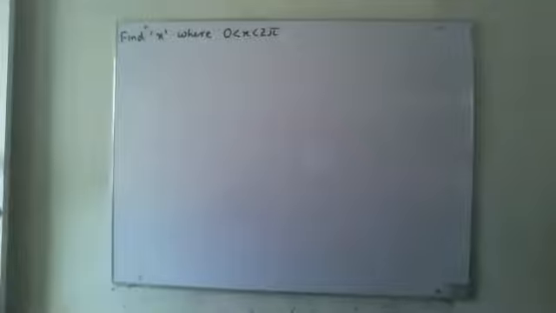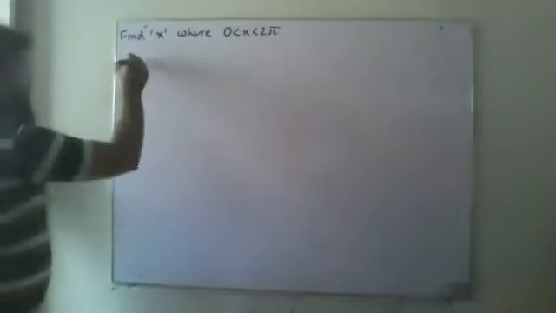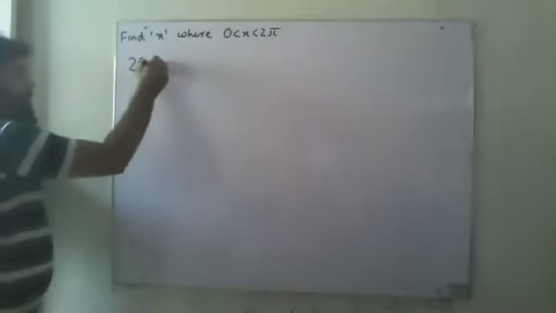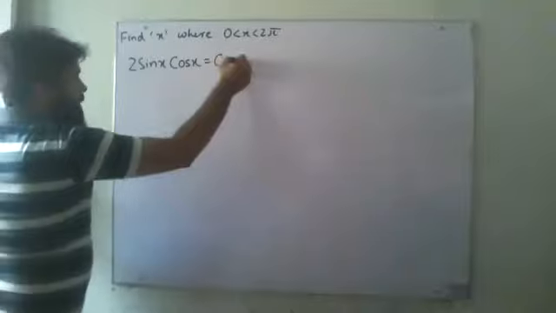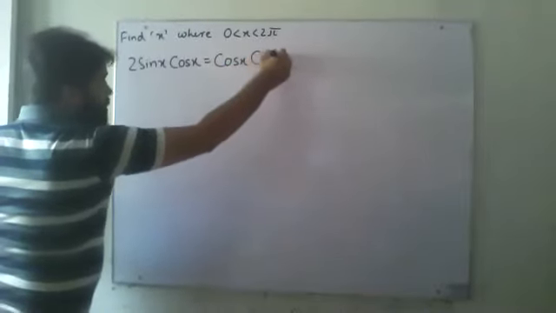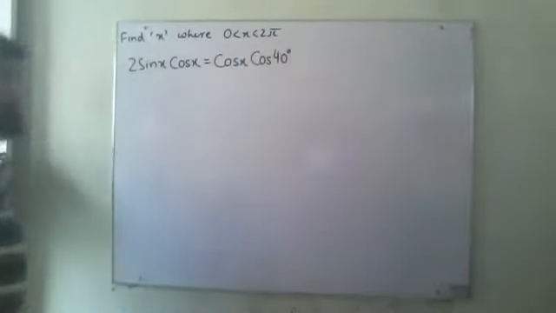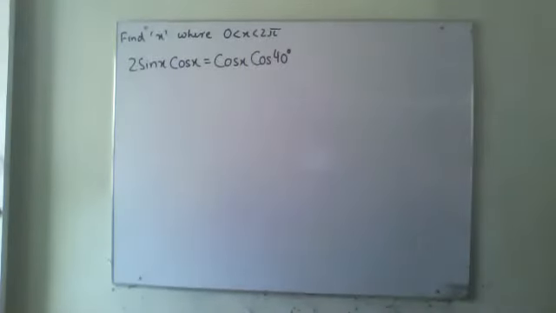Again, the same thing I have to find, and they have given us a question: 2 sine x cos x equals cos x cos 40 degrees. Okay, this is the question given to me.